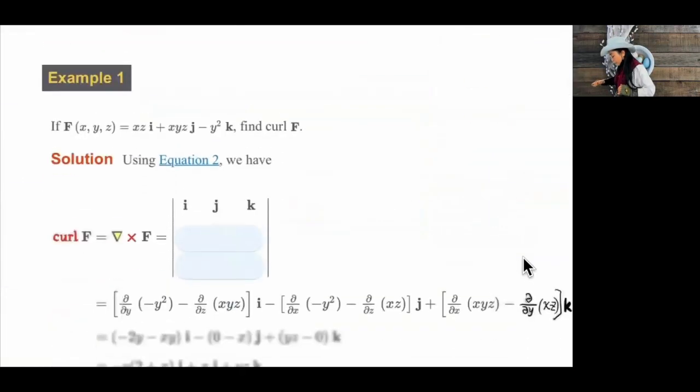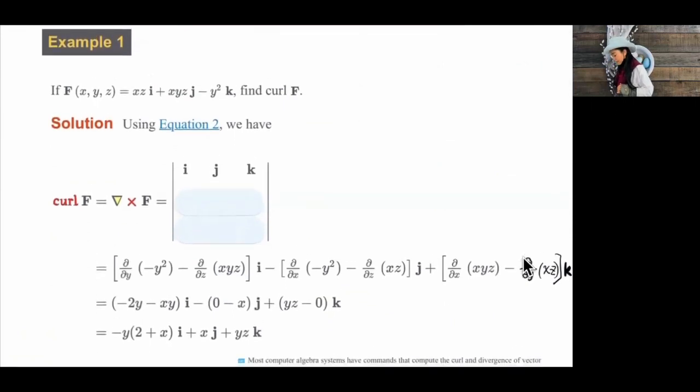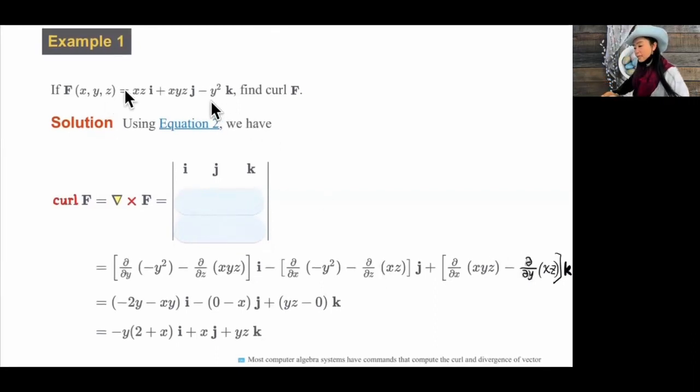All right, now let's try some examples so we can be more comfortable with curl. Here we're given this vector field. It has three component functions, and we try to find the curl of this function. So we will construct this 3 by 3 matrix.